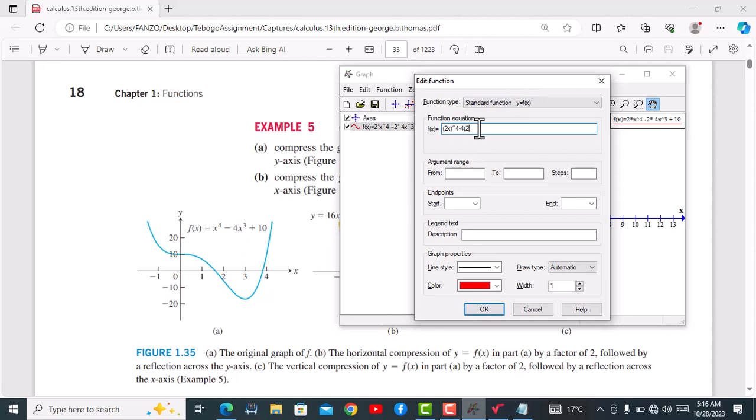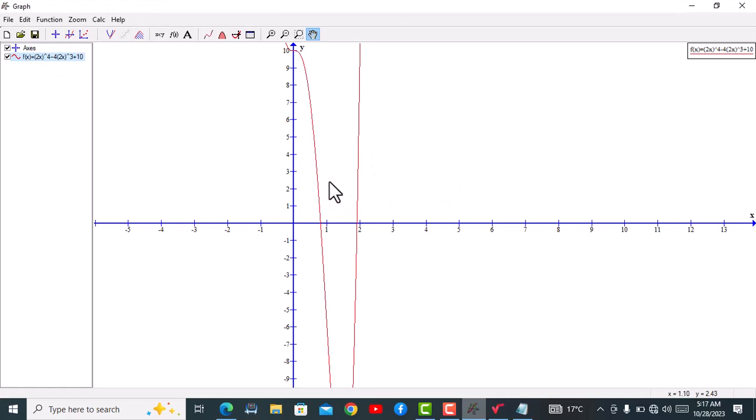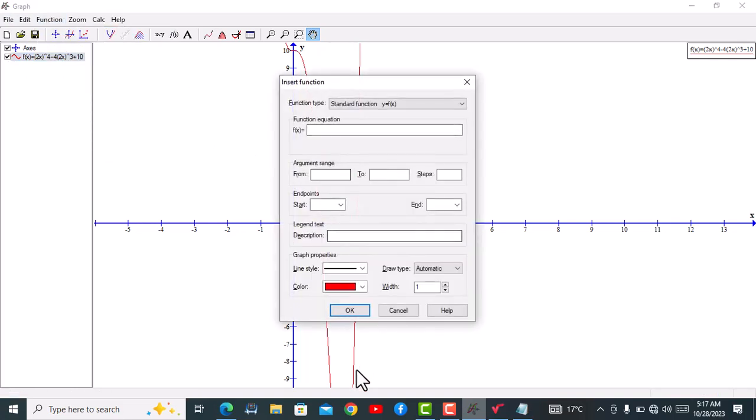Remember we are here. I'm going to have 4 times 2x to the exponent of 3 plus 10, and just try to find out what I have. So this is compression. You can see that it has been compressed.